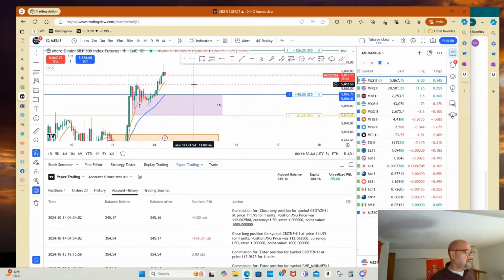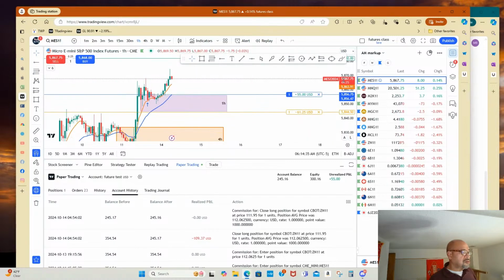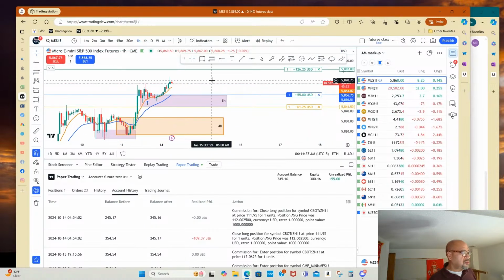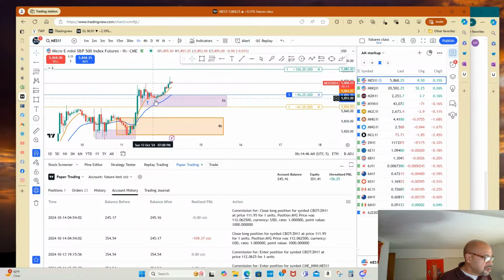I'm not gonna move it up here just yet because I'm still holding out for it to go up there, so I don't want it to dip down here before it does it, which is entirely possible, as we can see right in there.